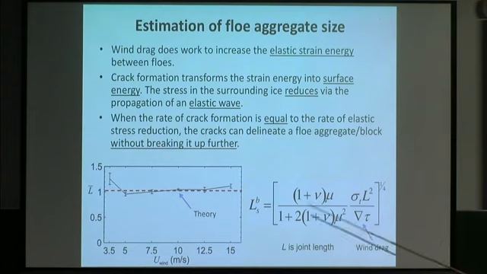And by doing this, we can get an equation for the block size. So it's the rate of elastic redistribution of stress which controls the size of the blocks. And this is the thing I was having a go at Danny Dumont about the other day. Talk about that later.